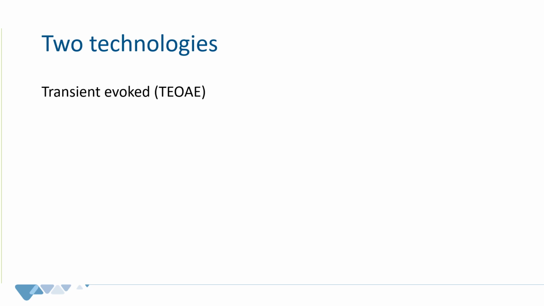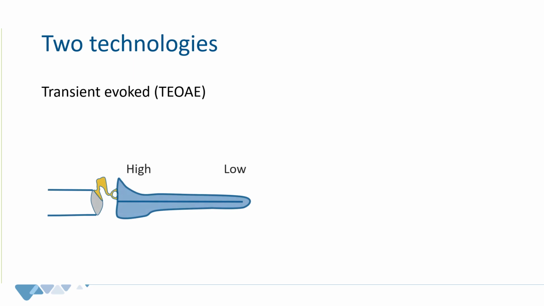The first method invented to measure this is called transient evoked OAE. Transient means that you present a click to the ear, and a click sound includes all frequencies at the same time. In this picture, I represent that by 3 waveforms on top of each other.